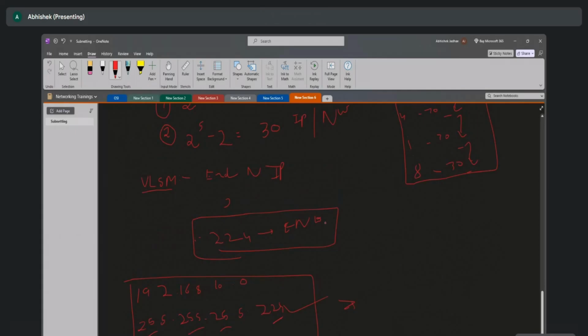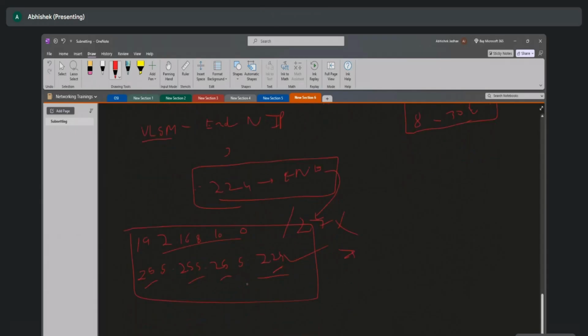That's the use of our variable length subnet mask. Without a subnet mask, there is no IP address. IPs will not be able to route internally until and unless you convey to your computer or to the system what it belongs to, because it will not understand a slash 27. No, it will not. It will understand this, right? So that's the reason why the subnet mask is important.